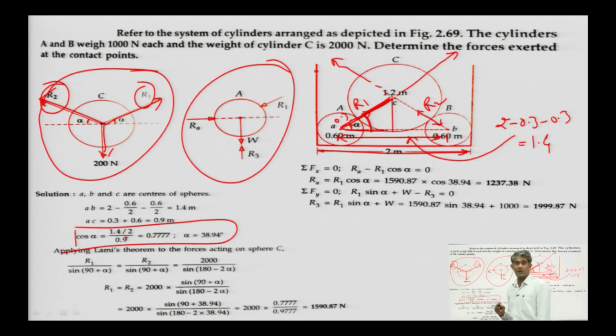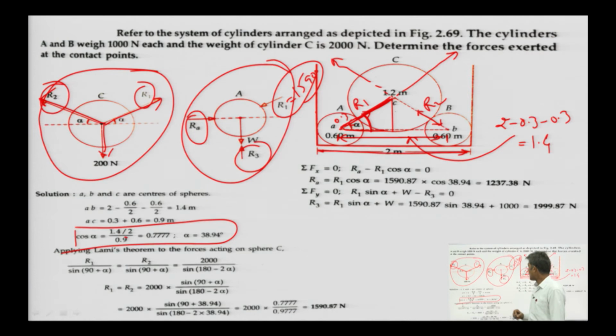R1 and R2 have been calculated. In the free body diagram of sphere A, the R1 value which has already been calculated as 1590 will be used. Now look at this free body diagram. We have now only two unknowns, RA and R3.